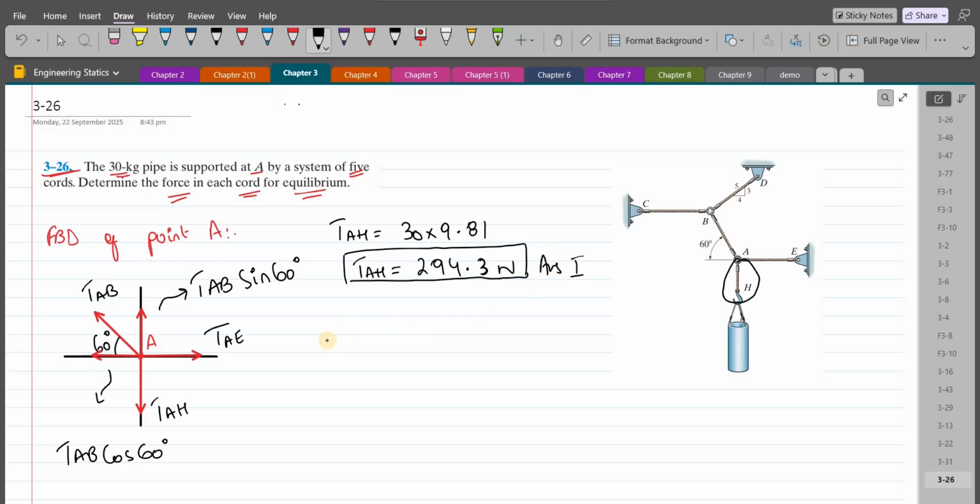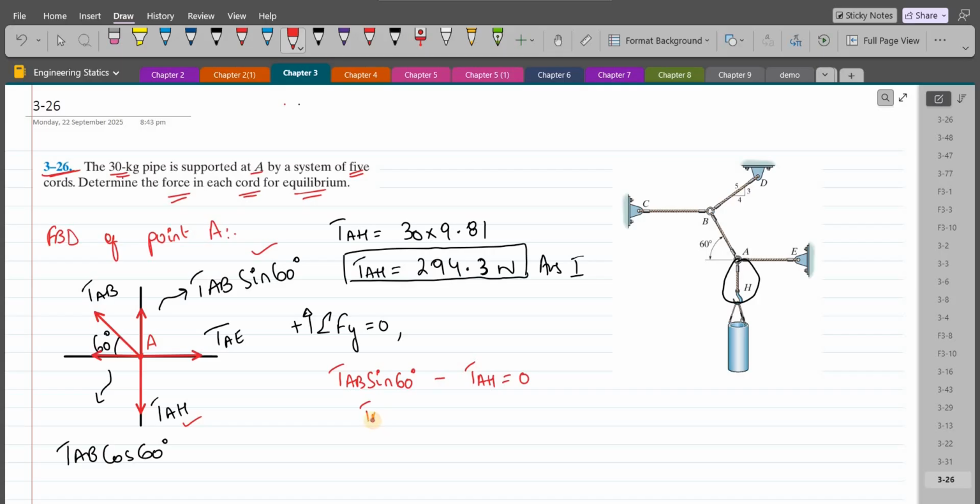Now we can apply our equations of equilibrium. So my first equation would be summation of forces in y direction equals to 0. I am considering up direction as positive. So we have TAB sine 60 minus TAH equals to 0.